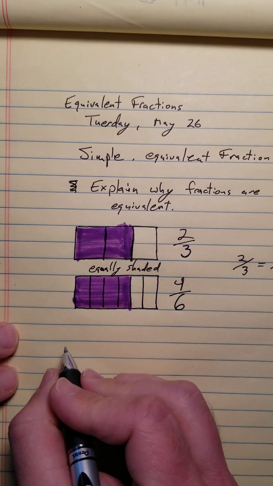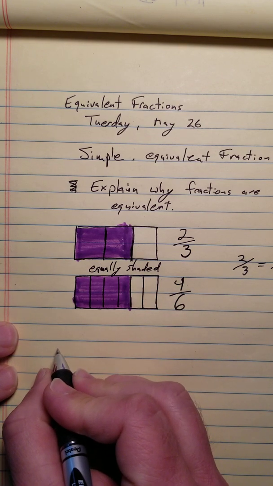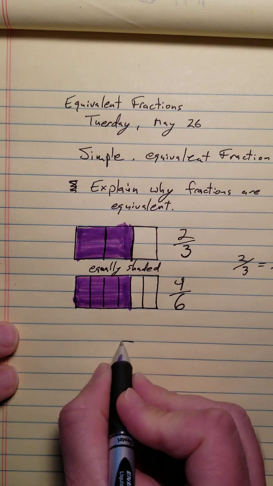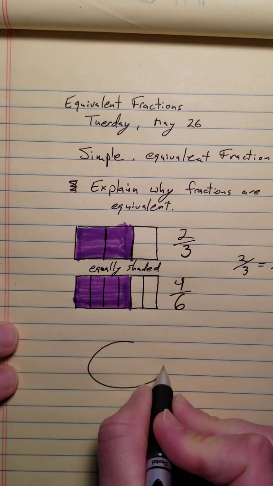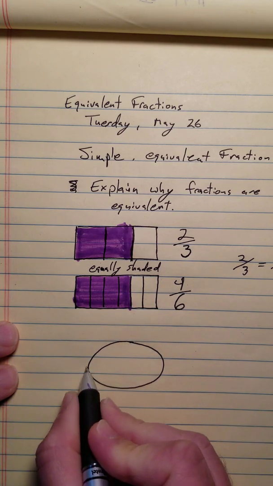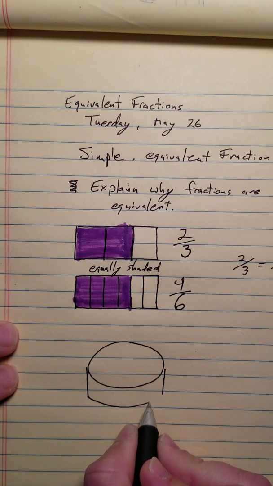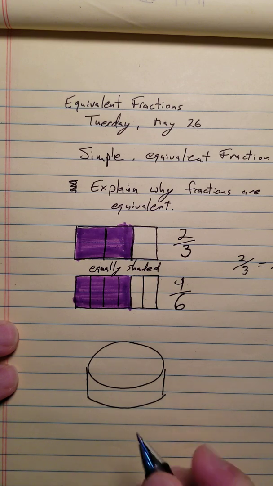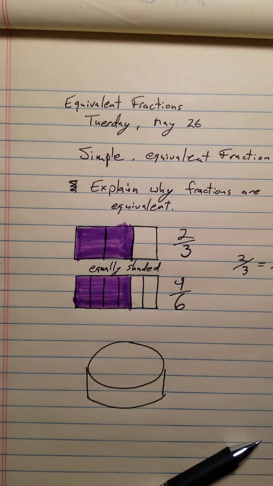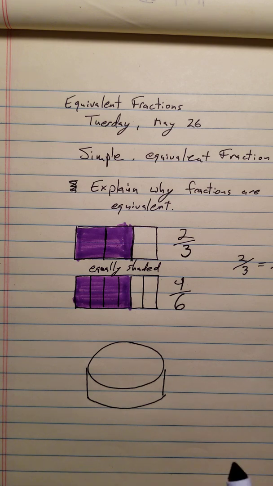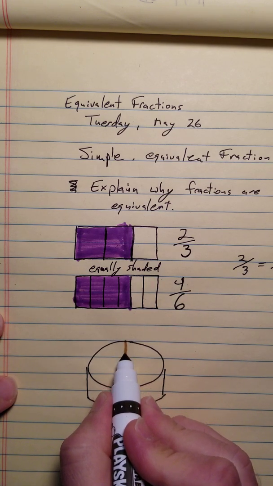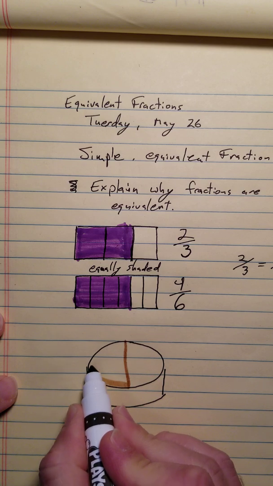Now, let's say that someone is baking a cake. I can try to make it a little bit 3D. All right, and let's say that there is chocolate frosting on half of the cake.